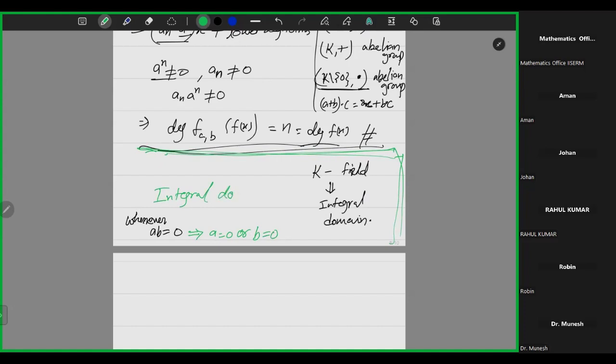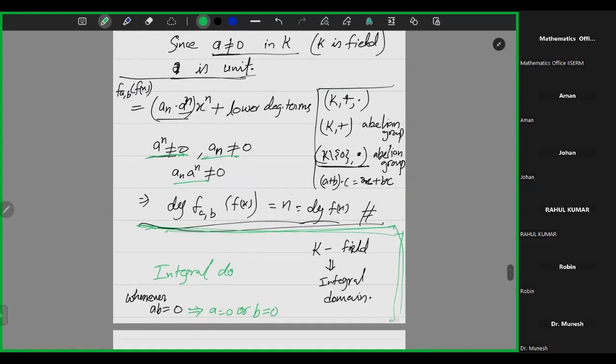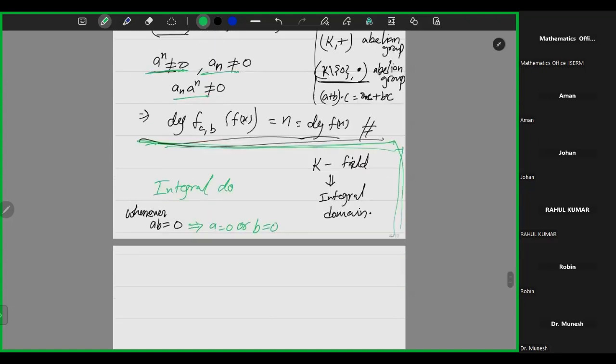So because here a_n is not zero, a power n is not zero, the product is not zero. That is why the leading degree term is again n only.